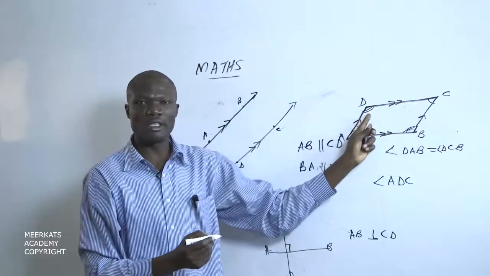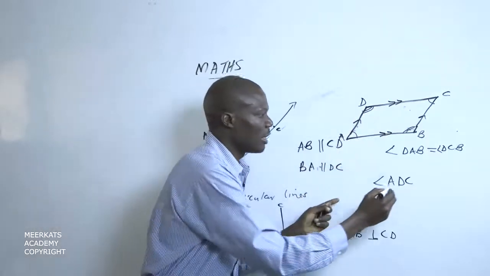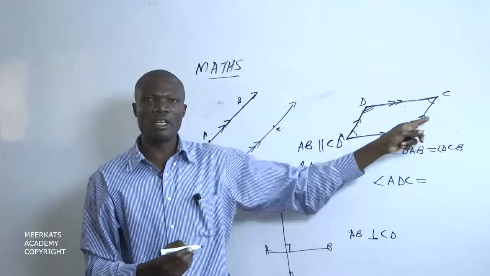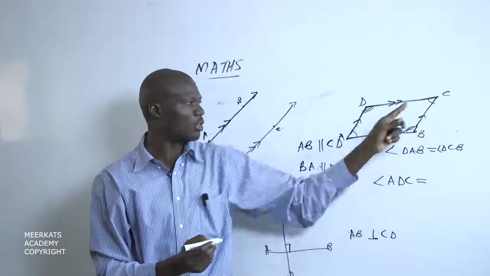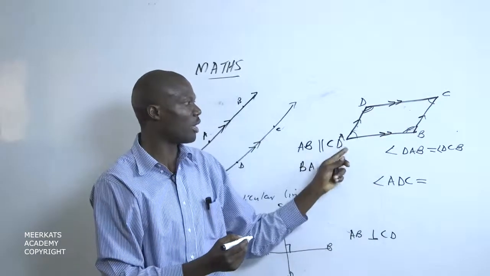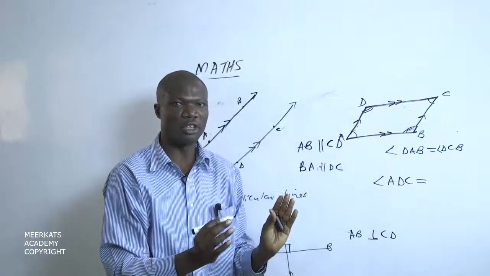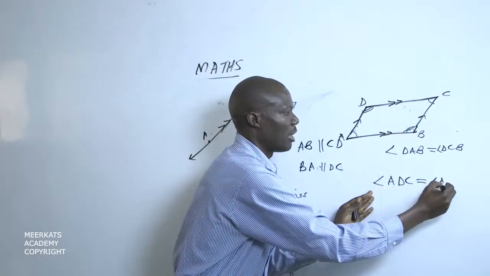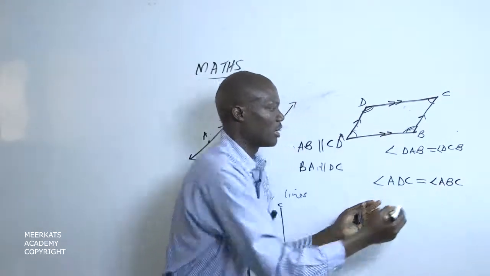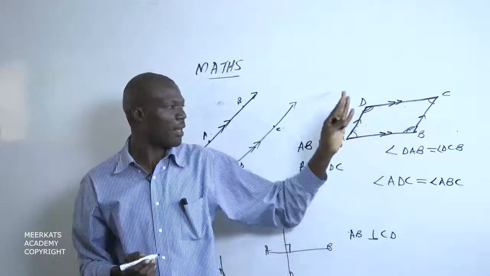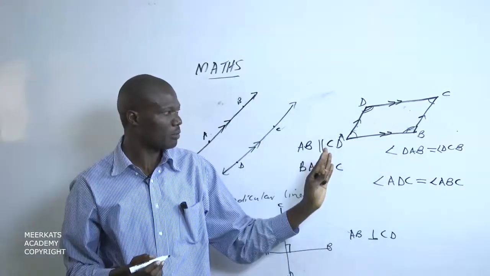ADC, that is this angle with double arc, is equal to ABC. So the angle ABC is equal to angle ADC, and it will be denoted by angle ADC equals angle ABC. So this is showing that we have got equal angles.